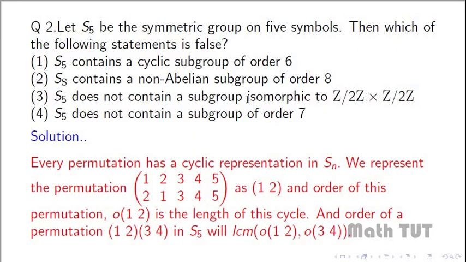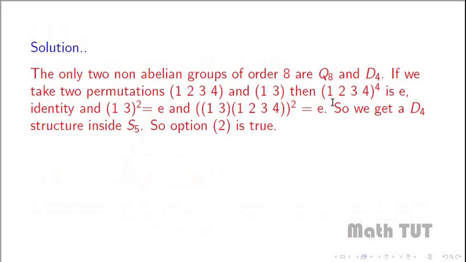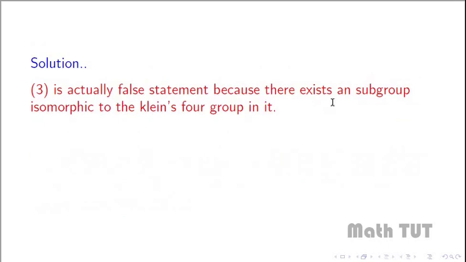Let us check whether this is a false statement or a true statement. What they are arguing is that S5 does not contain a subgroup isomorphic to Z2 cross Z2. In fact, let us see that. The third option is nothing but the Klein four-group given to us. Z2 direct product Z2 is our Klein four-group, a group of order 4.